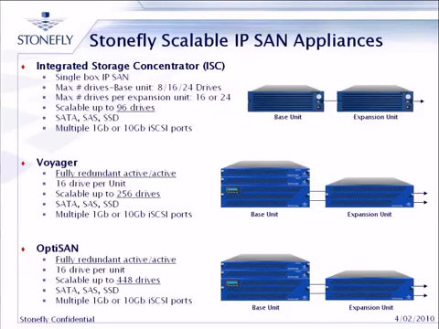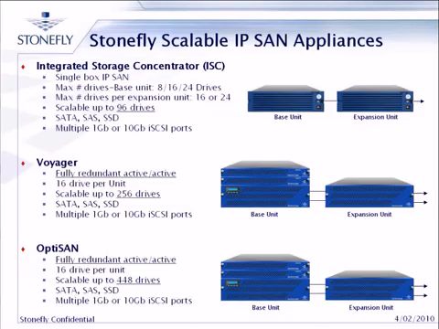In a Voyager and OptiSAN, you can expand with 16-drive expansion units. ISC goes all the way up to 96 drives, and its base unit is offered with either 8, 16, or 24 drives. Then you can add 3 more expansion units, and that's where the 96 comes from. So it's basically 4 boxes of 24 drives each.